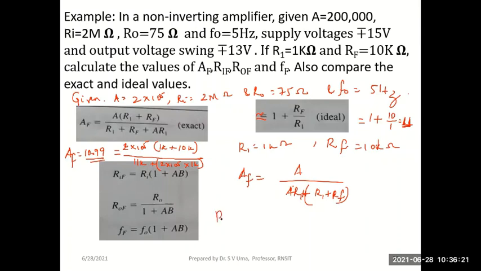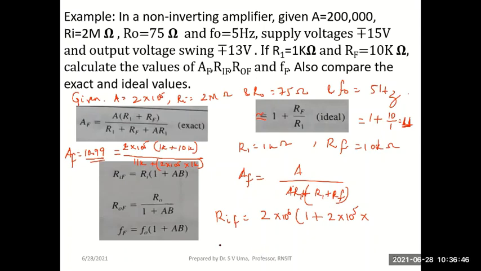The others you calculate. Input resistance with feedback is input resistance without feedback, which is 2 mega into, it would always be helpful if you calculate this value, 1 plus A beta. A is 2 into 10 power 5 and the feedback factor, is it given?